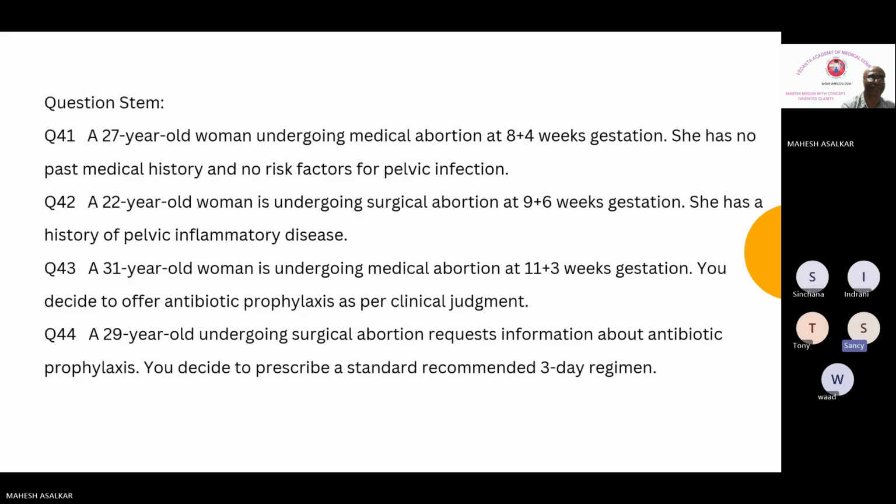A 31-year-old woman is undergoing medical abortion at 11+3 weeks of gestation. You decide to offer antibiotic prophylaxis as per clinical judgment. She is undergoing medical abortion at 11+3 weeks of gestation. Doxycycline, sir.